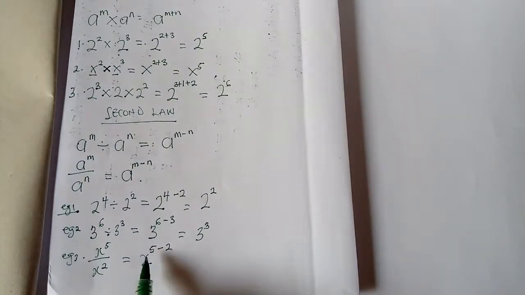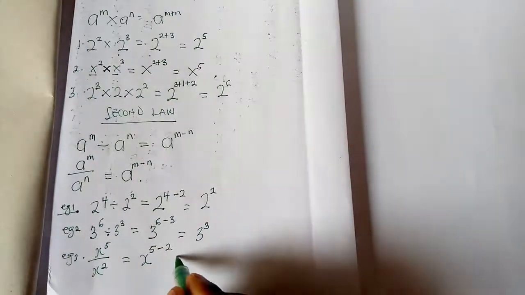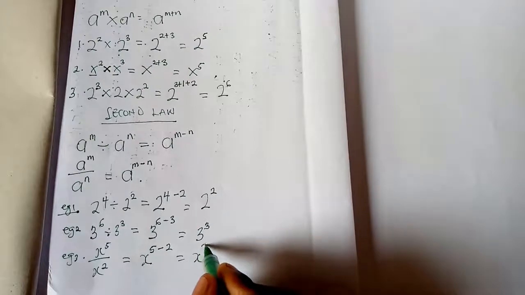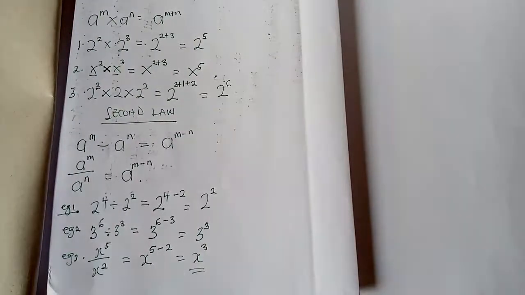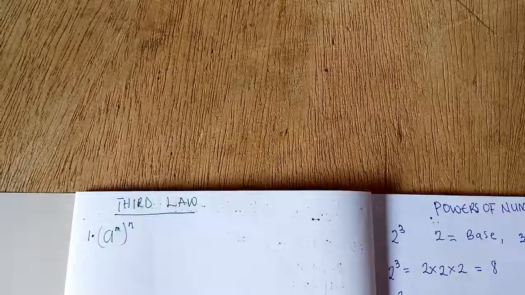So x raised to power 5 minus 2 is going to be x raised to the power 3. So basically this is how the laws of indices, law 1 and then law 2, can be applied. So we move on to what we call the third law, and then see how we can use that one.